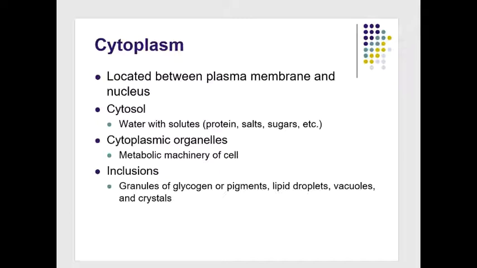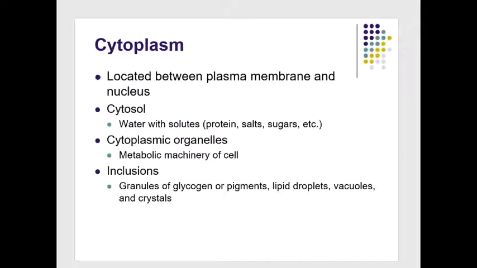We have in the cytoplasm cytosol. Cytosol is mostly water, and within that water it's got lots of solutes dissolved in it. Those solutes can be proteins, salts, sugars, those sort of things. We have cytoplasmic organelles, so organelles that float around in the cytoplasm, and these are the metabolic machinery of the cell, so it's what keeps the cell going.